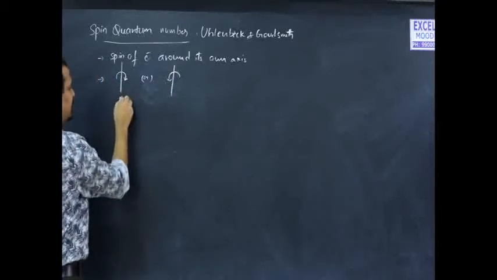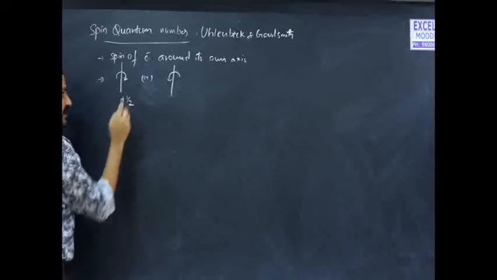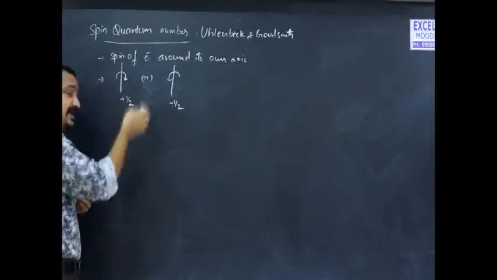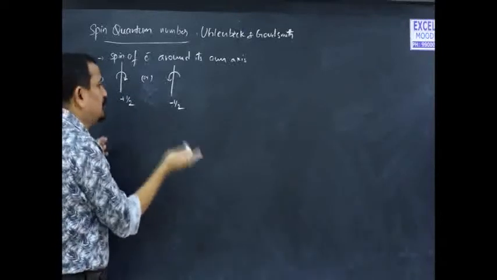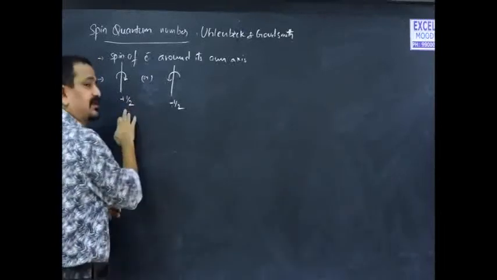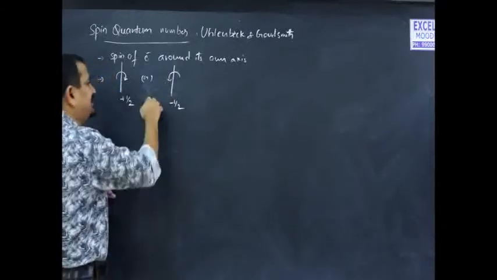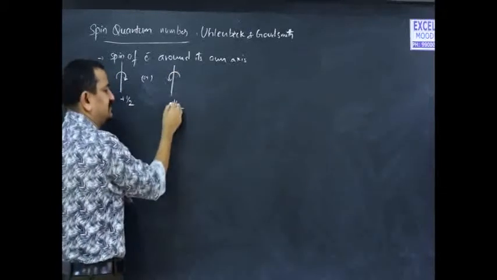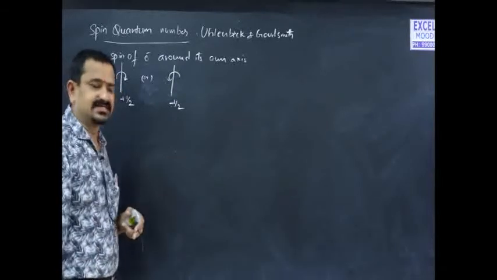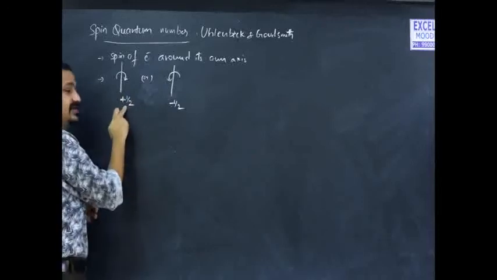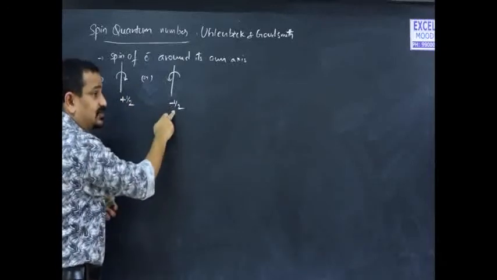A clockwise spinning electron is conventionally given plus half, and the other is given minus half, because spin is an action and it has two probabilities: 50% for clockwise and 50% for anti-clockwise. Anti sounds like the reverse, which is why conventionally it is given as minus half. So, as a convention, for the first electron we give plus half and for the next electron we give minus half.